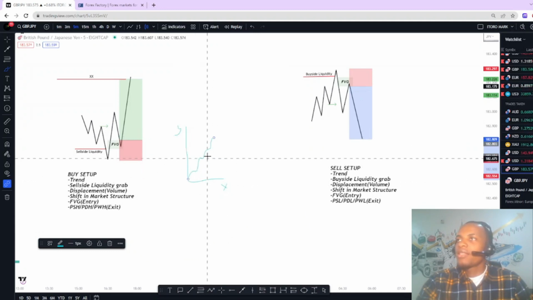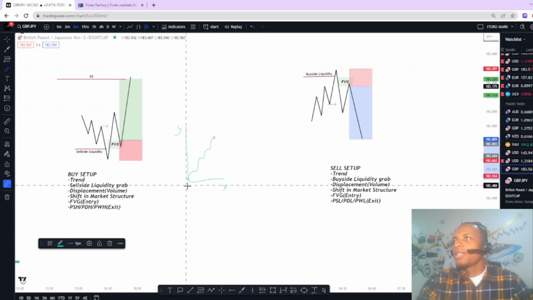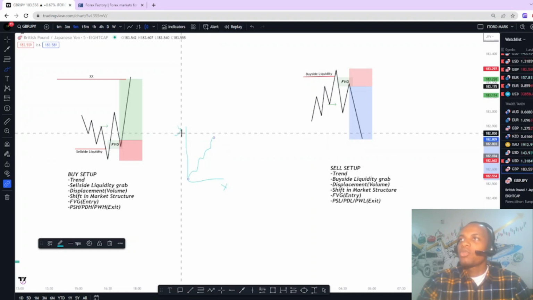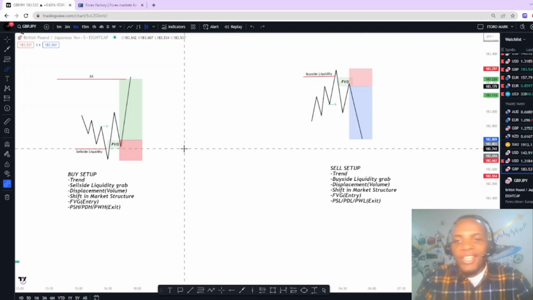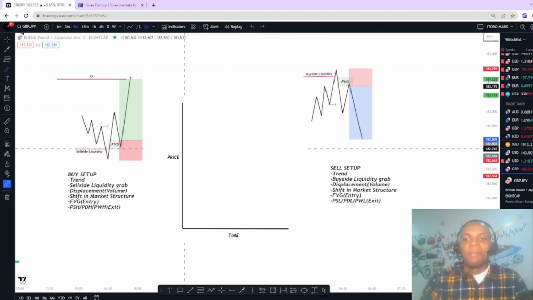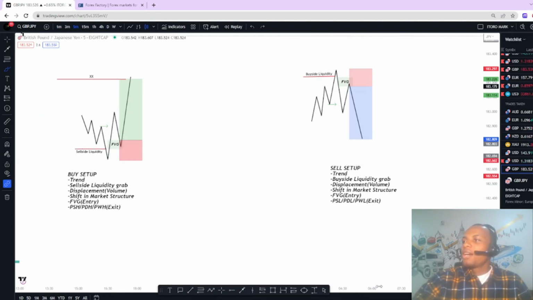For you to understand this graph and plot it out, you need to understand the relationship between quantity and size, which is Y and X, right? Without the relationship between Y and X, you won't be able to plot this graph. It's the same thing in the forex market. The forex market was basically built and programmed with the same concepts in mind, which are time and price. Now, if you look at the vertical aspect of your chart, let me get this off.